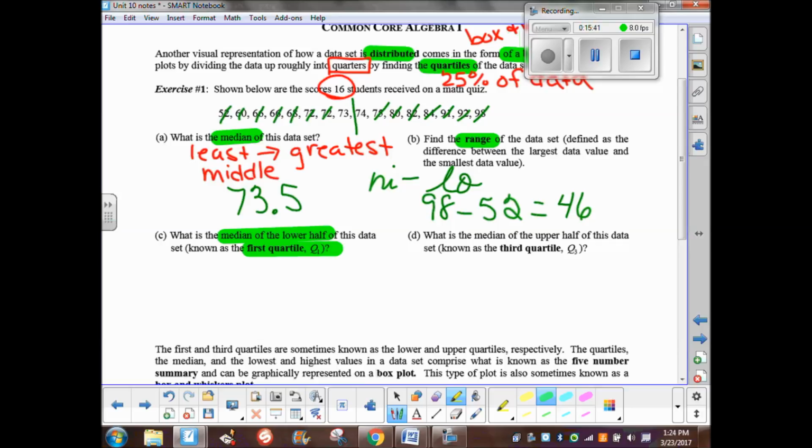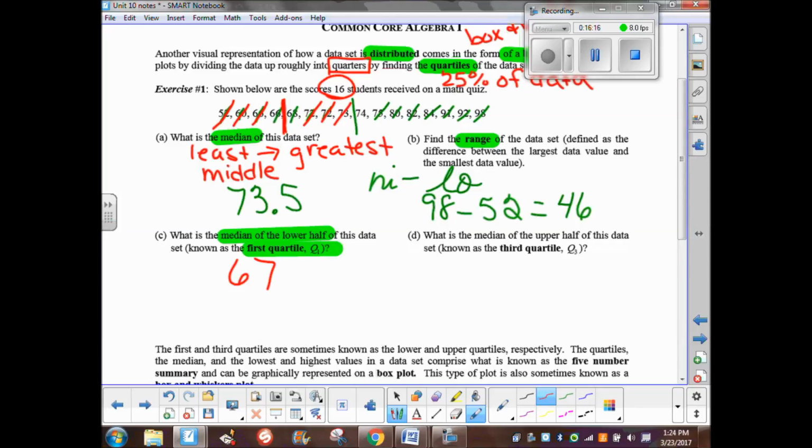So if you cover up the median and the upper half of the data, we end up crossing off a low and a high pair. We are stuck with two numbers again, so the middle of 66 and 68 is 67.